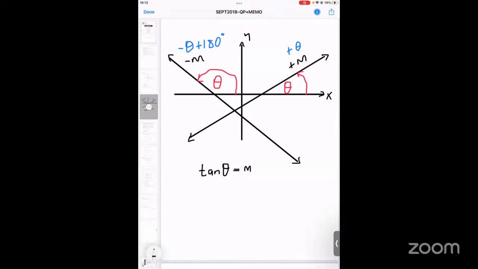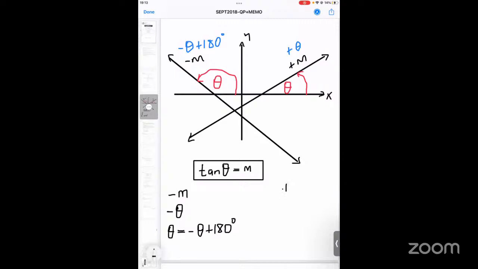It is equal to the gradient. So I'm actually giving you the notes there. When you have a negative gradient and you calculate the angle of inclination, it will give you a negative angle, and you must always take that negative angle and add 180 degrees to it.